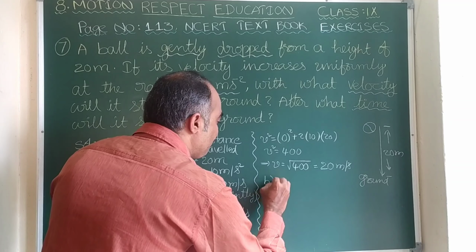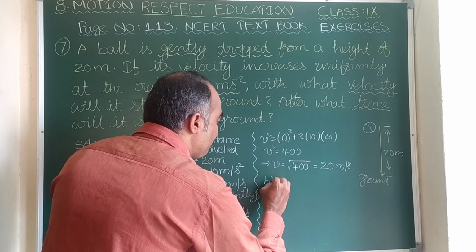Here v is 20, u is 0 and a is 10 and t let us write as it is. 0 plus 10 into t is 10 into t. So 10 into t is equal to 20, whereas t is equal to 20 by 10, nothing but 2. What about the units here? Since both the velocities are in meter per second and a is in meter per second square, distance is in meter, so time will be in seconds. Therefore time taken is 2 seconds.